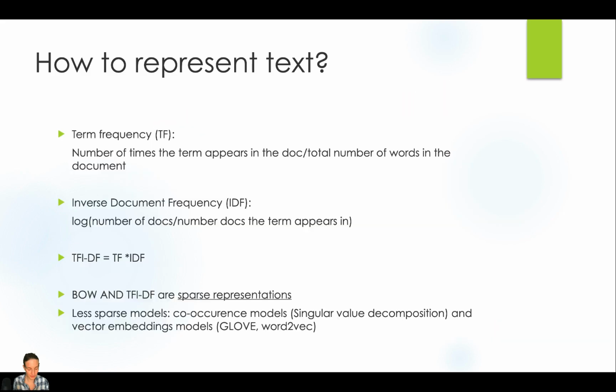How do we calculate this? First of all, we have the term frequency, which is the number of times the term appears in the document, divided by the total number of words in the document. Okay. Then we have inverse document frequency, which is the logarithm of the number of documents divided by the number of documents that the term appears in. Okay. Then we just multiply these two terms.